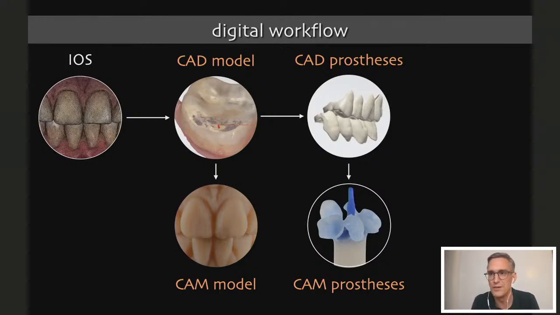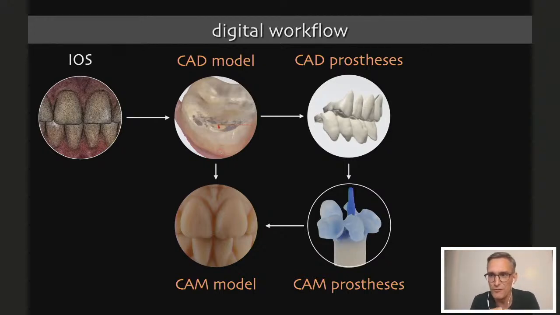Basically, for the implant model, it's mainly additive technologies, so it's printing. And for the prosthesis, it's mainly milling, so a subtractive computer-aided manufacturing. And at the end, the dental technicians used to double check the crown on the implant model.